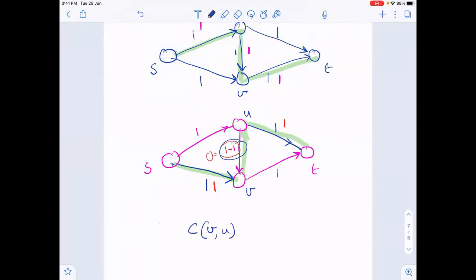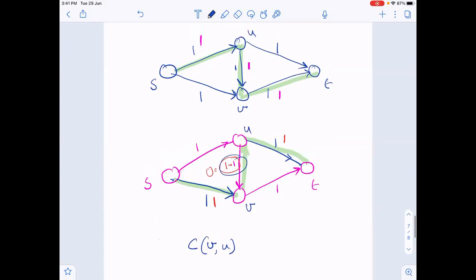What was the C of VU? This is the amount that I'm allowed to push from V to U.